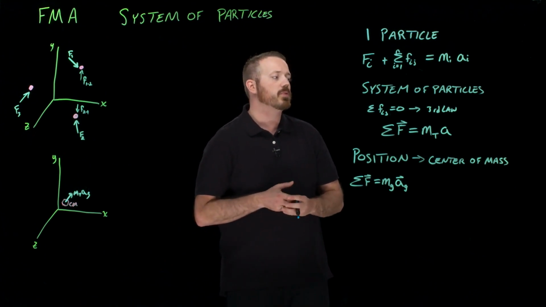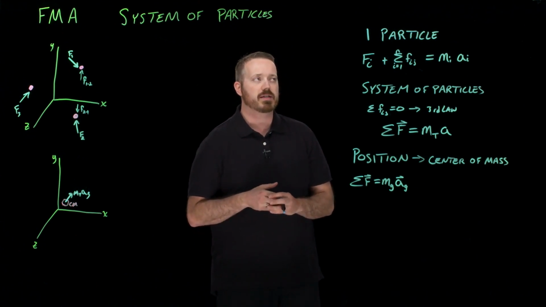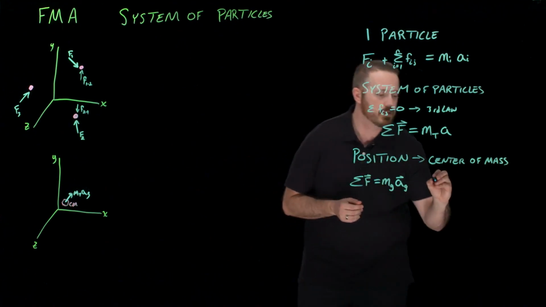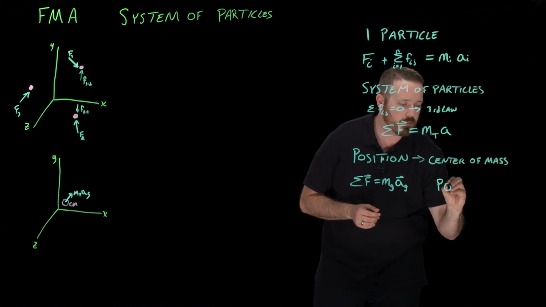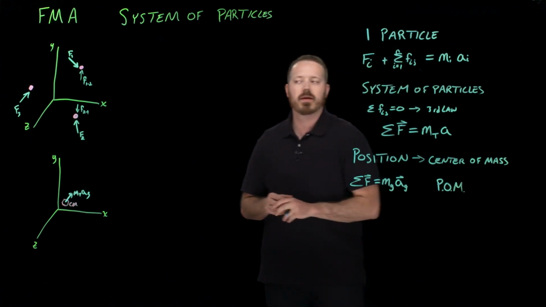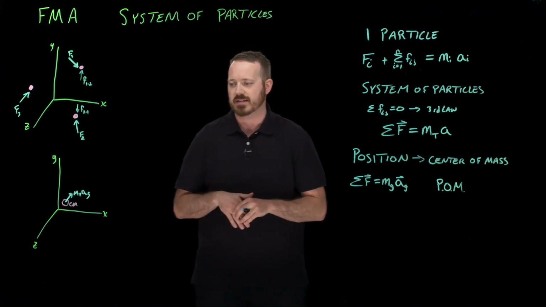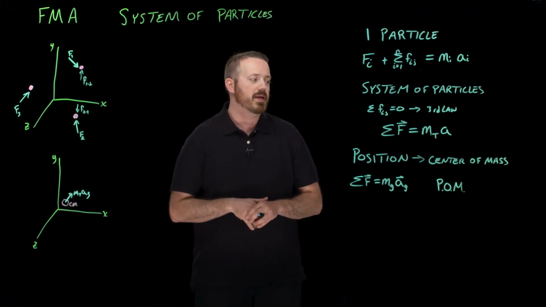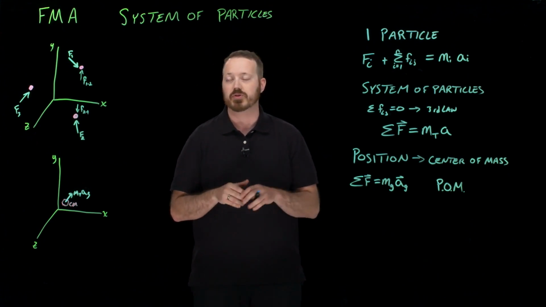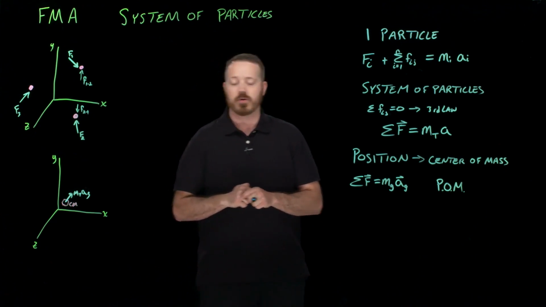We also have another principle that helps us settle these systems of particles, which is called the principle of moments. So you may recall POM, the principle of moments. The principle of moments has a couple of different implications, but basically the sum of the moments in the system is going to be all of the little contributions of moments.